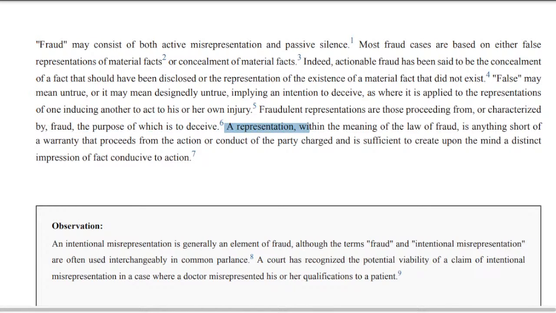A representation within the meaning of the law of fraud is anything short of a warranty that proceeds from the action or conduct of the party charged and is sufficient to create upon the mind a distinct impression of fact conducive to action.